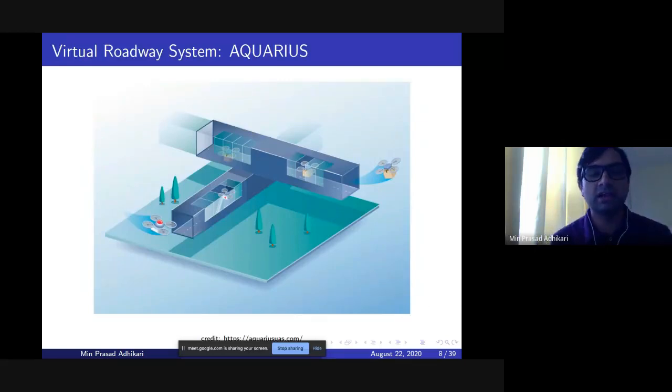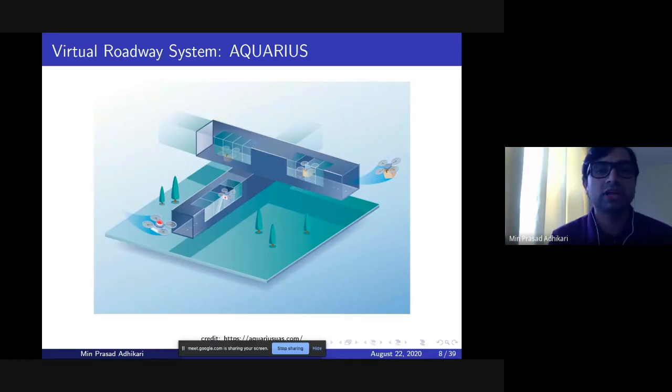Those were the drone examples. Besides that, people have been working on virtual roadway systems, especially for urban, city-like environments, where there are certain regulations that you cannot fly above certain regions, and you want to avoid crowded space, tall buildings and things like that.